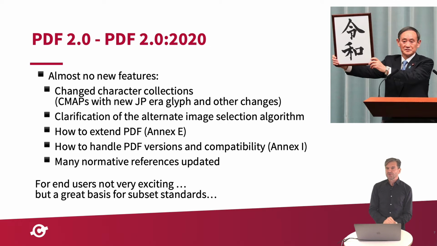And since there was a new emperor after 2017, we now have in pdf2o new CMaps that have this new character in them. But this is, as you may notice, really a side note, and I'm only mentioning it to show you that there aren't really new features in there.